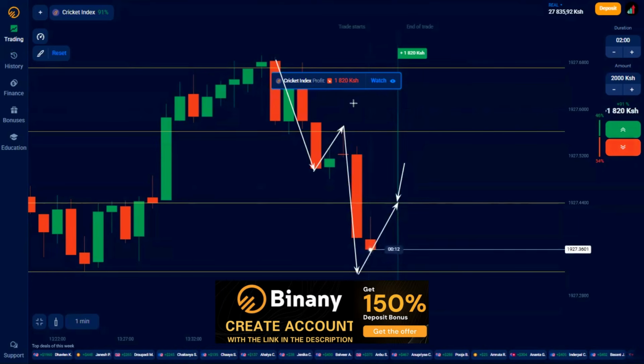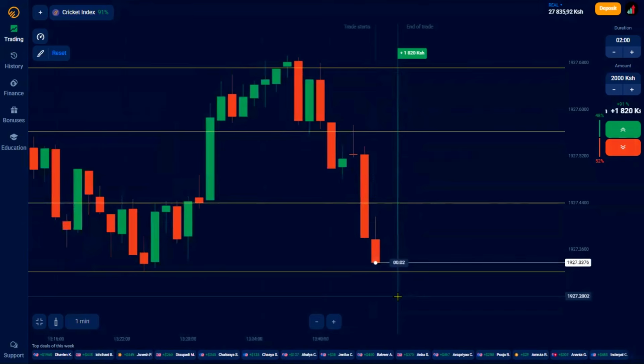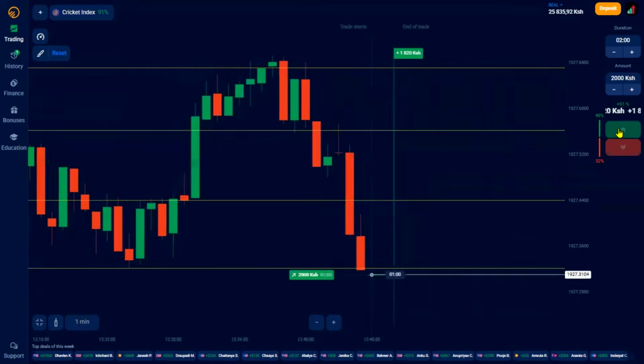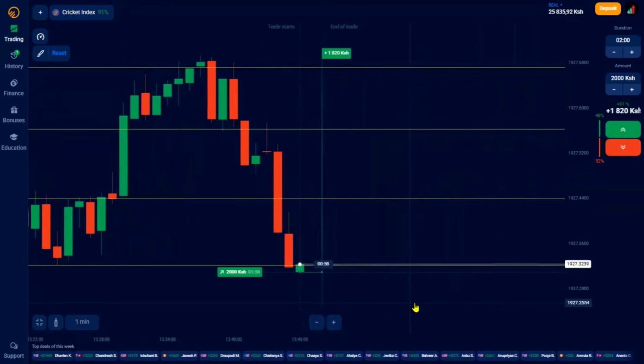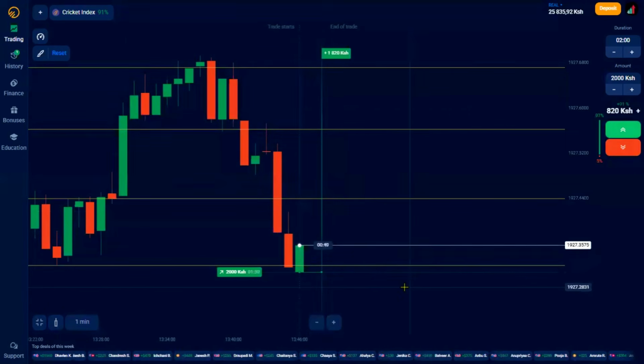So this is the safe entry, the lower highs. You can also place a trade at the lower low, but it is not safer than the lower high. So I've placed an up trade at the lower low level, expecting the price to rise and come back to form a lower high.